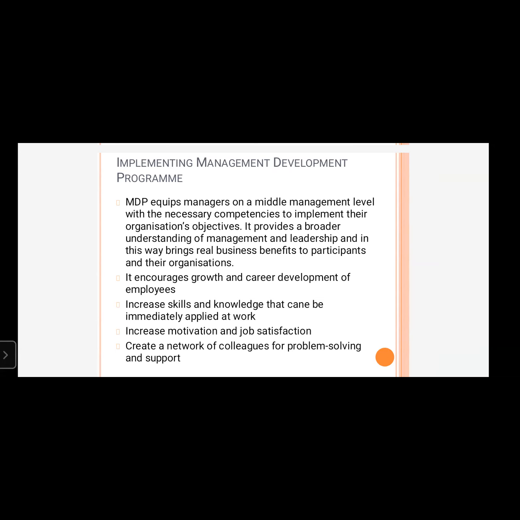So first one, it encourages the growth and career development of employees, which we have already discussed. With the help of new skills, with the help of management development program, the knowledge of the employee is increased.